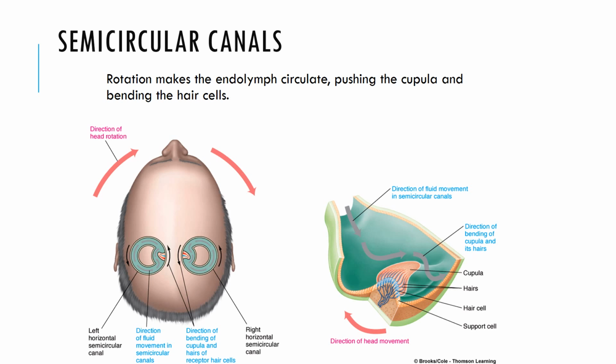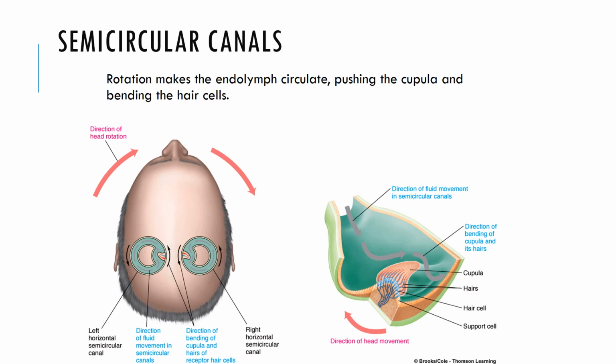The semicircular canals project along 3 planes to detect rotation. So each canal contains a semicircular duct that's filled with endolymph. At the base of each duct is a large area called the ampulla. And so the hair cells are embedded in the cristae ampullaris with the stereocilia cupped in a gelatinous cupula.